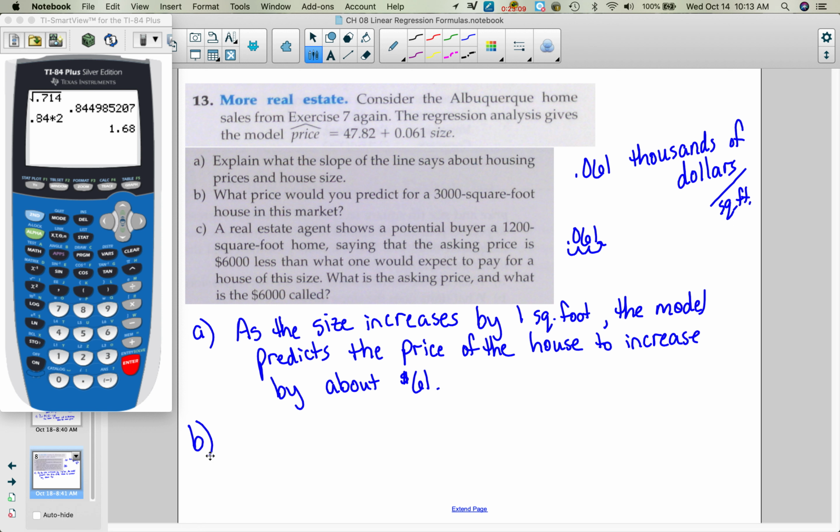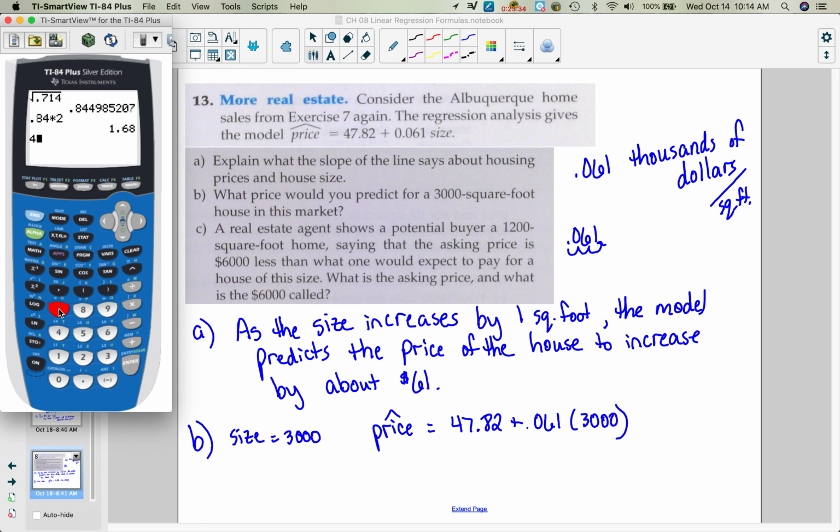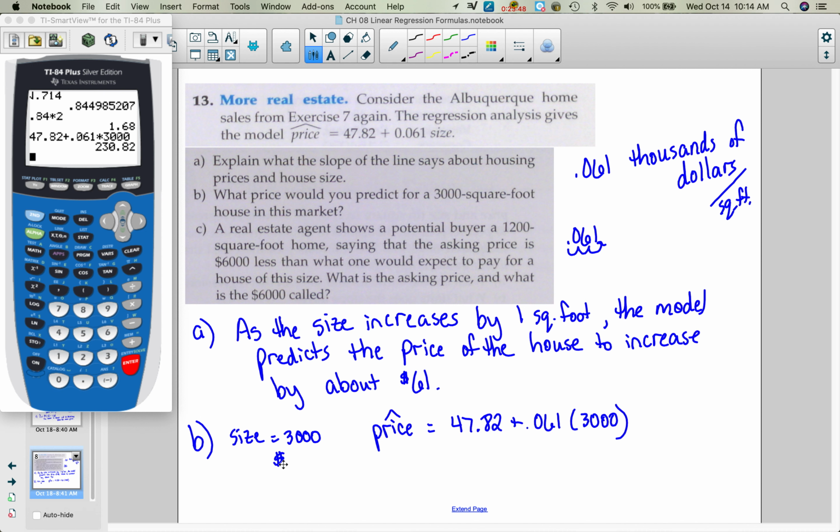So for part B, what price would you predict for a 3,000 square foot house in this market? Well, you're just going to substitute 3,000 in for size. So we get price hat, our predicted price, equals 47.82 plus 0.061 times 3,000. So I get 230,820.